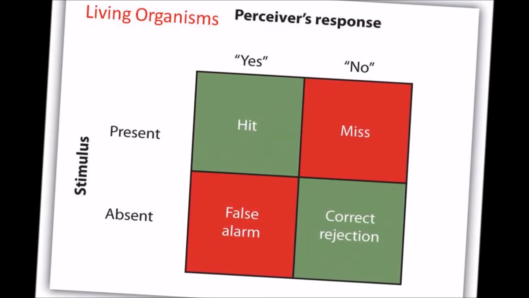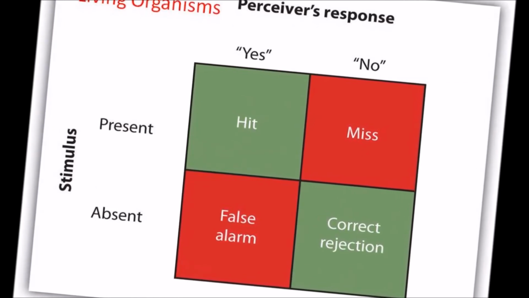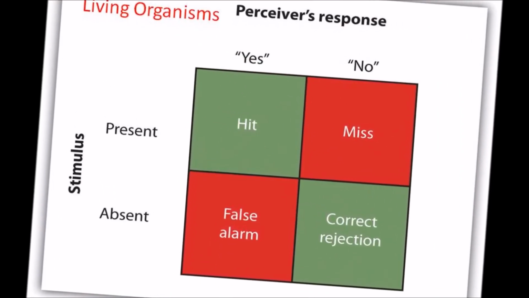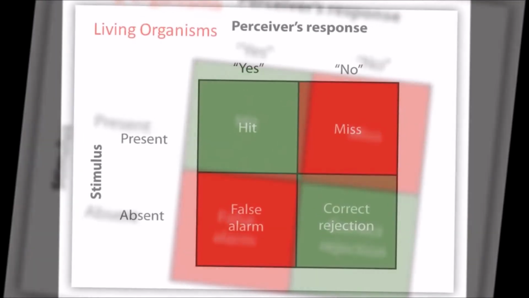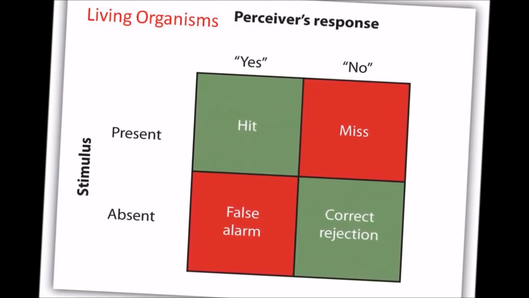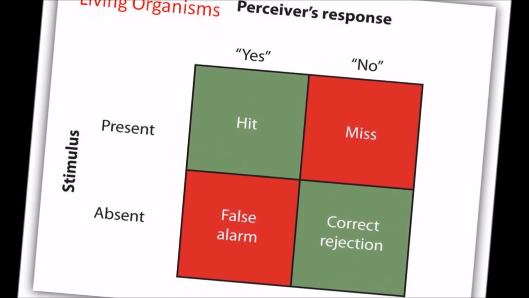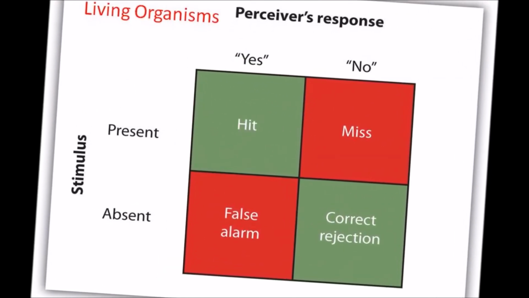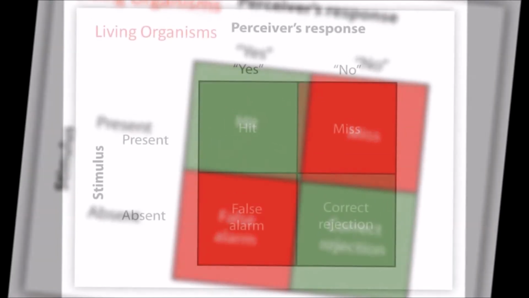Now you have a stimulus and perceiver's response, the present and the absent. You can understand that when the stimulus is present, the perceiver's response will be yes or no. Yes means hit, no means miss. Absent is false alarm or correct rejection.